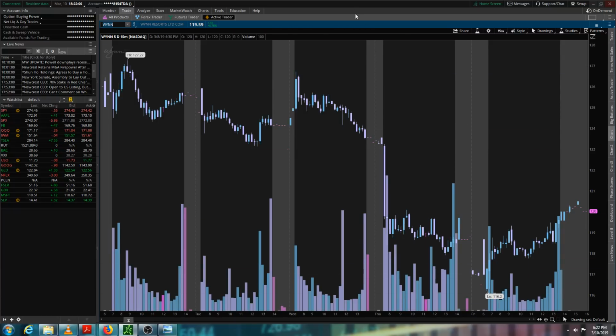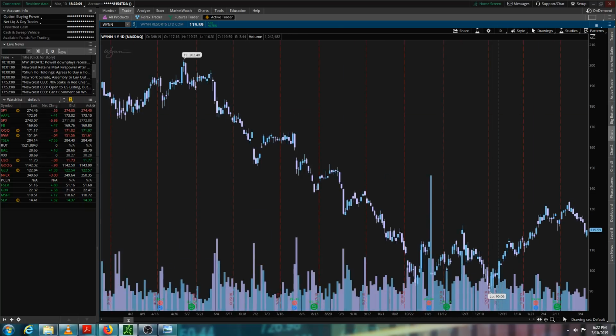Are you looking short side or long side on this? I guess is my question, because I can give you a couple different answers here. I want to look at the daily real quick on this. Yeah, look at that, man. I think there was a split though, I believe, in this one. Yeah, it was, Bart. You're right, man. Good job. You nailed it. You are on your game, dude.